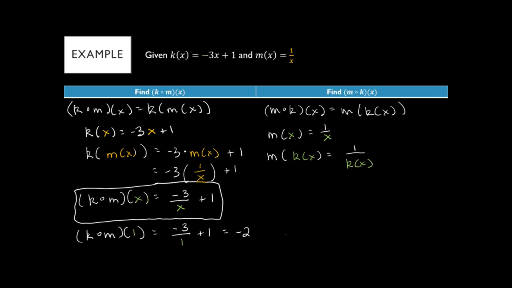And then I replace what K of X is equal to, which is negative 3X plus 1. So this will be 1 over negative 3x plus 1. And we can't simplify that anymore, so that's our new function that we've just created here.